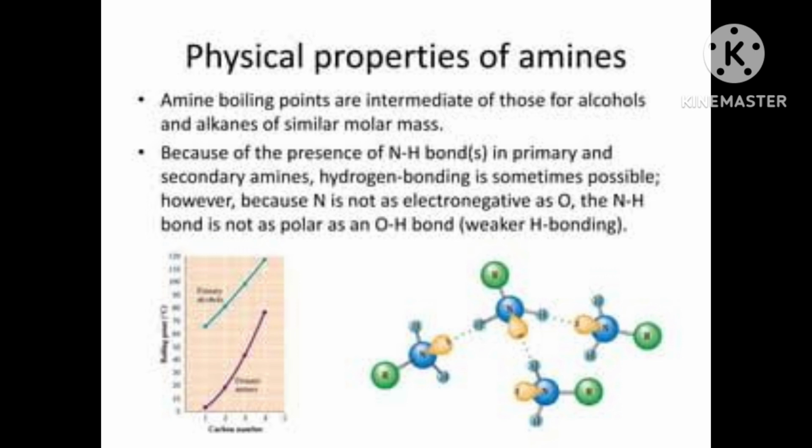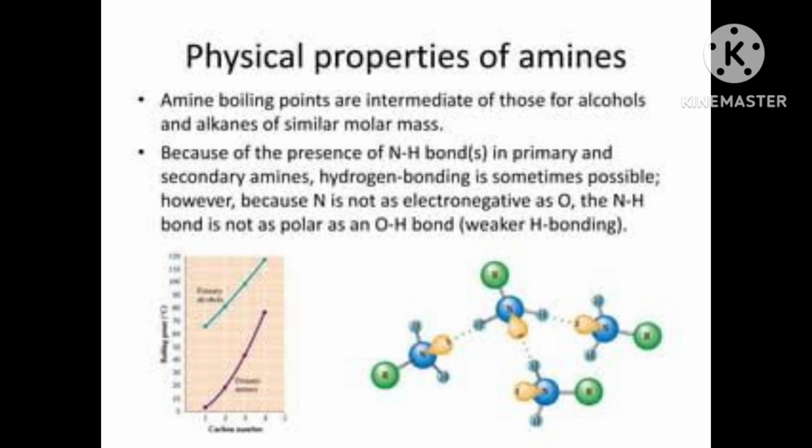Listen, this point is important. Lower aliphatic amines are soluble in water. Why are they soluble? Because they can form hydrogen bonds with water molecules. However, solubility decreases with increase in molar mass of amines.